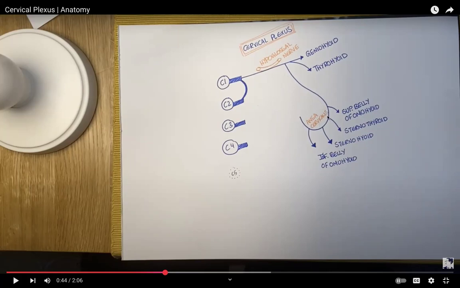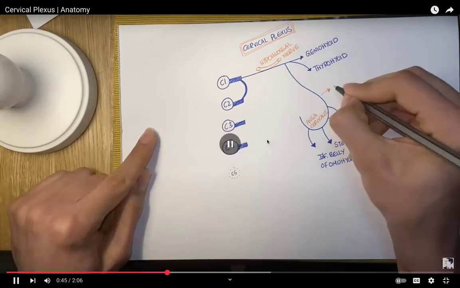The function of the ansa cervicalis is to innervate the infrahyoid muscles, not all of them because thyrohyoid is here, but most of them. So superior belly of omohyoid, sternothyroid, sternohyoid, inferior belly of omohyoid.